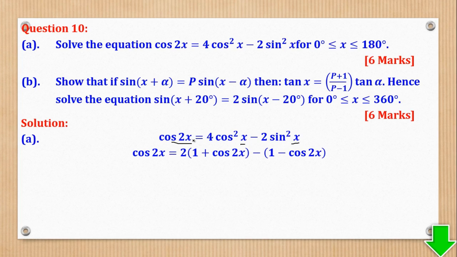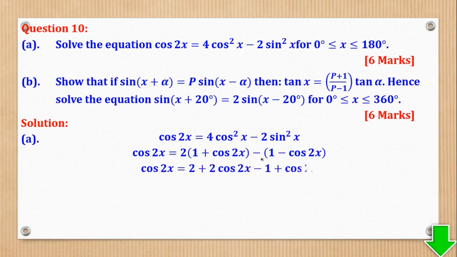Therefore, you have to first put them under the same angle. If I use double angle here, the whole of this is that. It would have been a half this, but a half times 4 gives you 2. Even the same applies to this. It would have been a half this, but a half times 2 gives you 1. That is why there is nothing here.